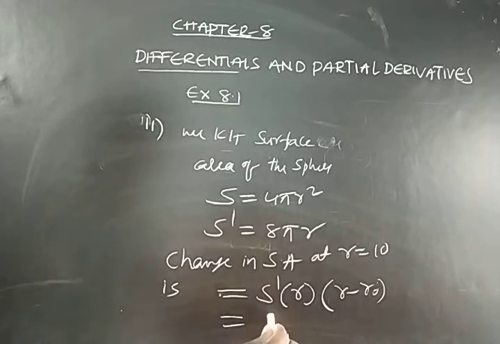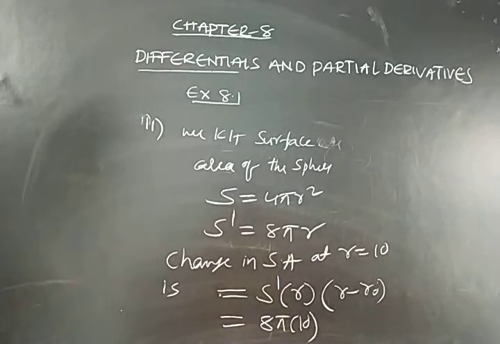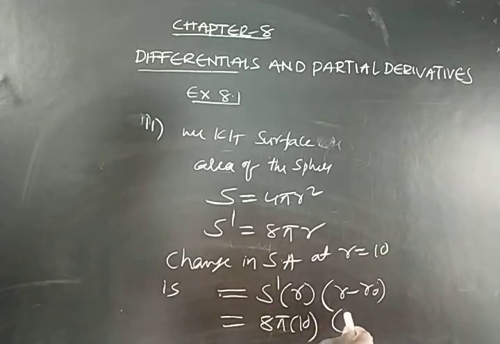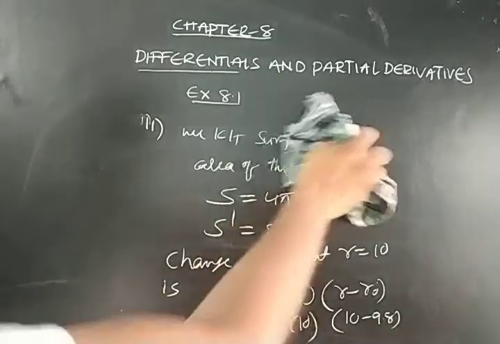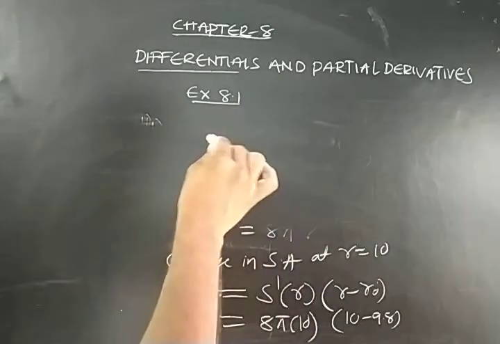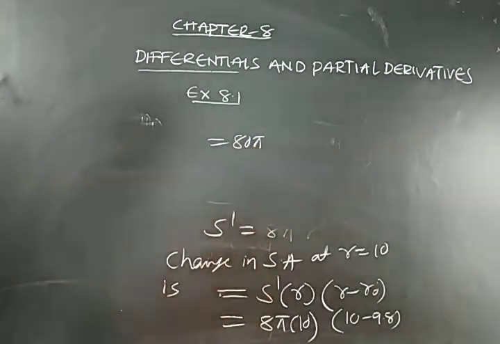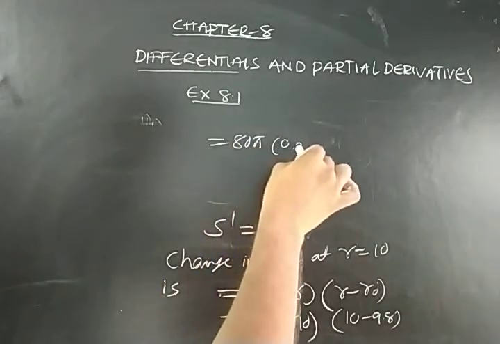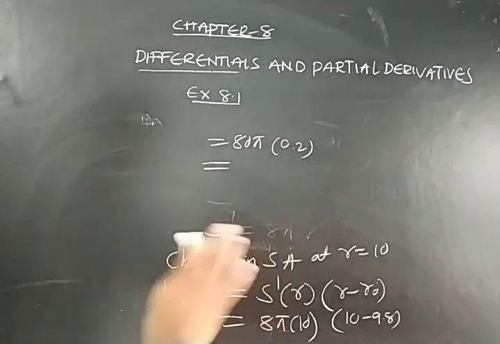So S dash of r means 8 pi into 10, here 10 minus 9.8. So what we will get here, 80 pi into 0.2. So 2 8s are 16 pi.